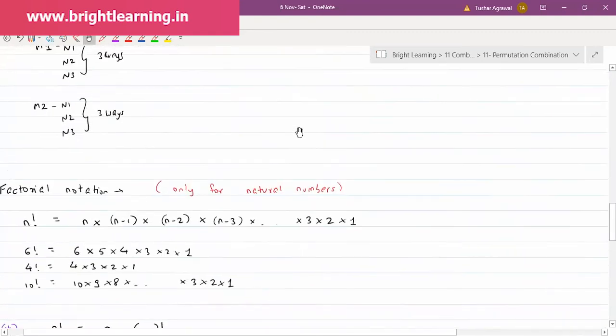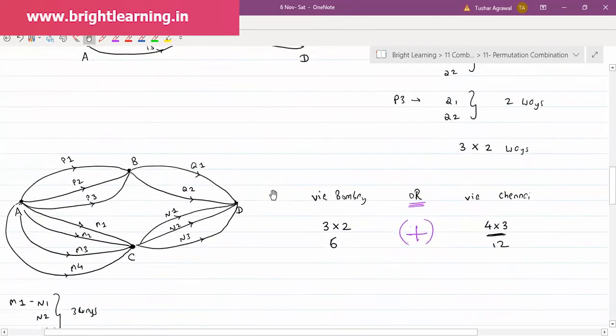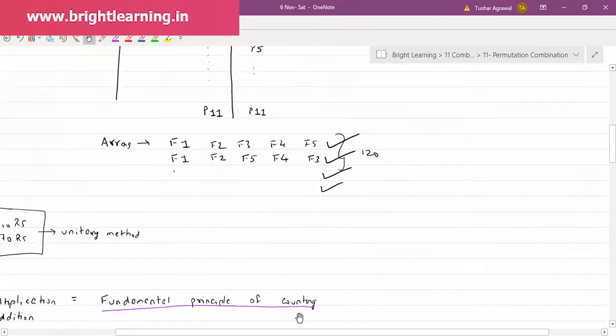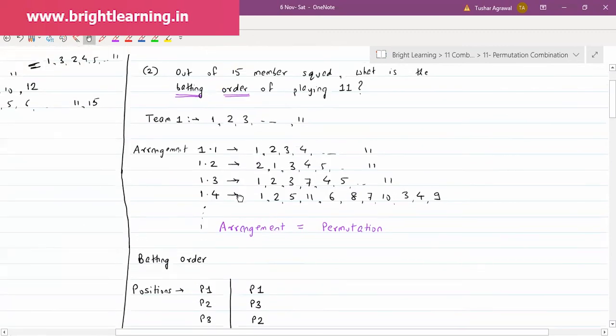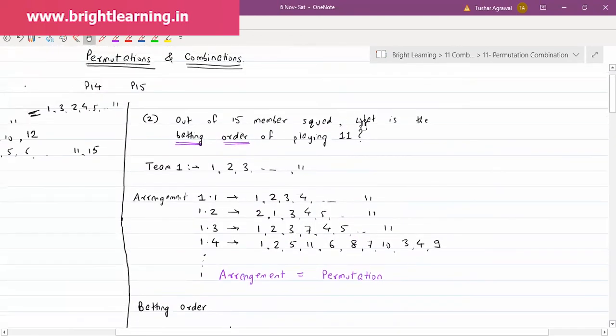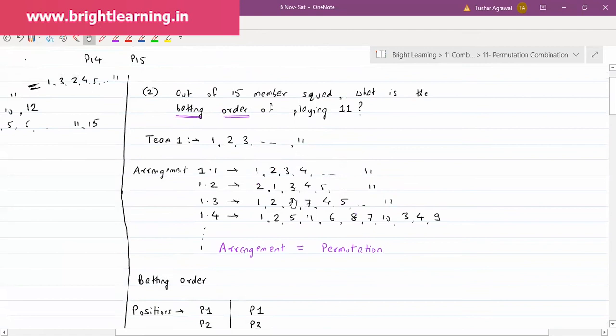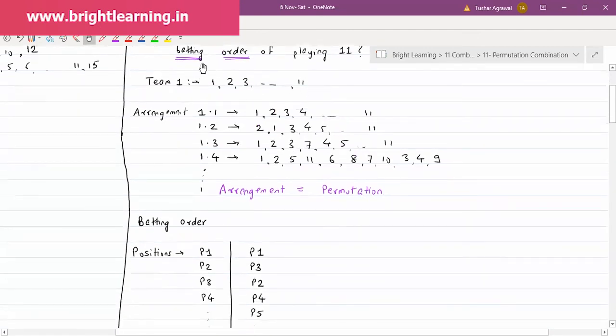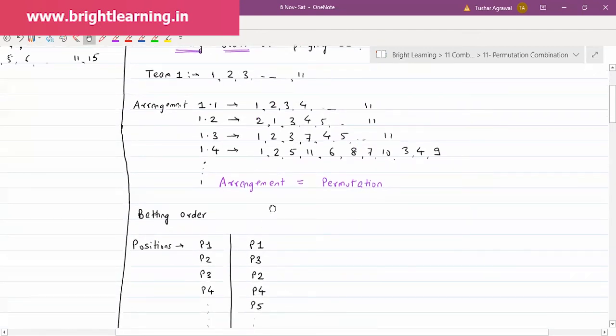Like how we'll be using this, the first question that I gave you: number of arrangements, the batting out of a 15 member squad, what is the batting order of playing 11? So the batting order of playing 11 means you select a team and you give the batting order.